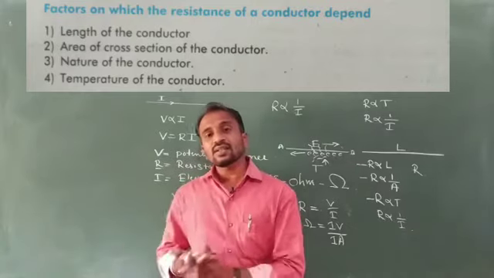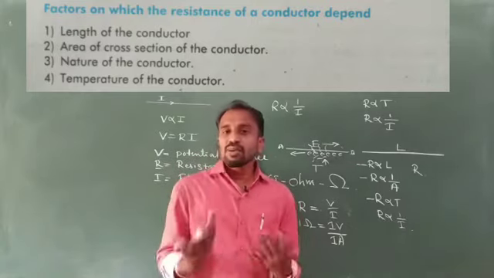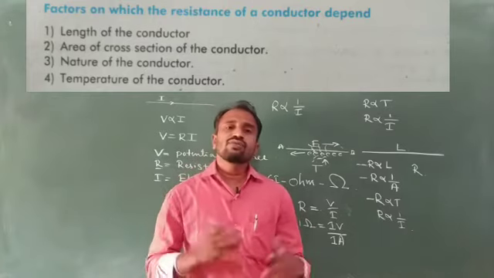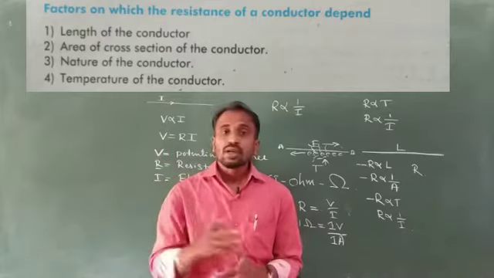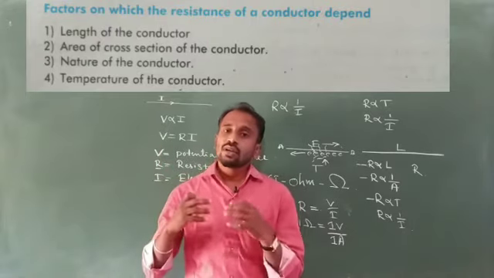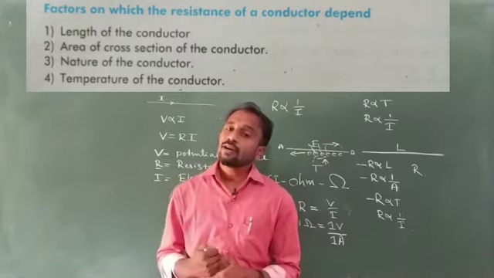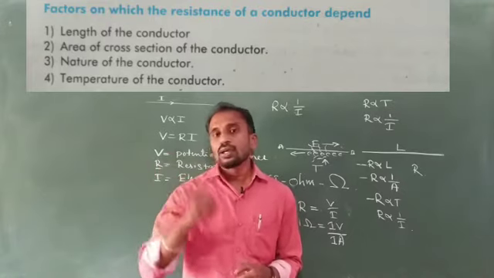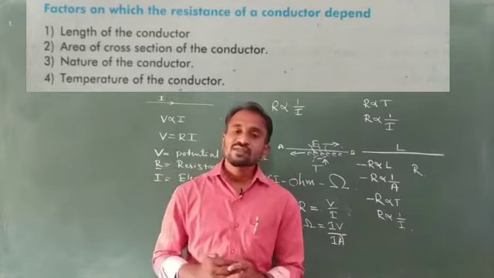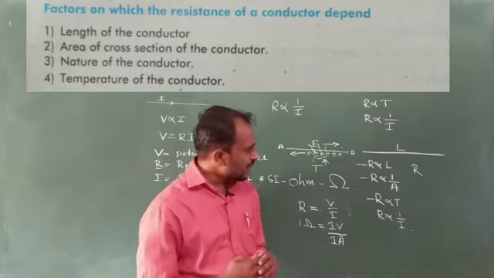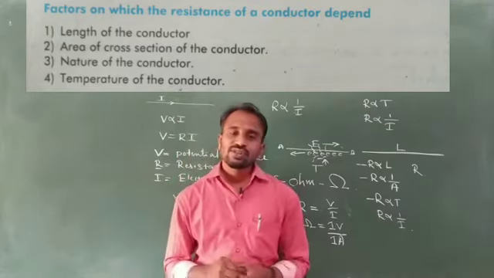Suppose we consider iron, iron has a high resistance value. So for this reason we don't use iron for connection purposes. We use only copper and aluminium for connections, because these metals have a low resistance value. So these are the factors the resistance depends upon.